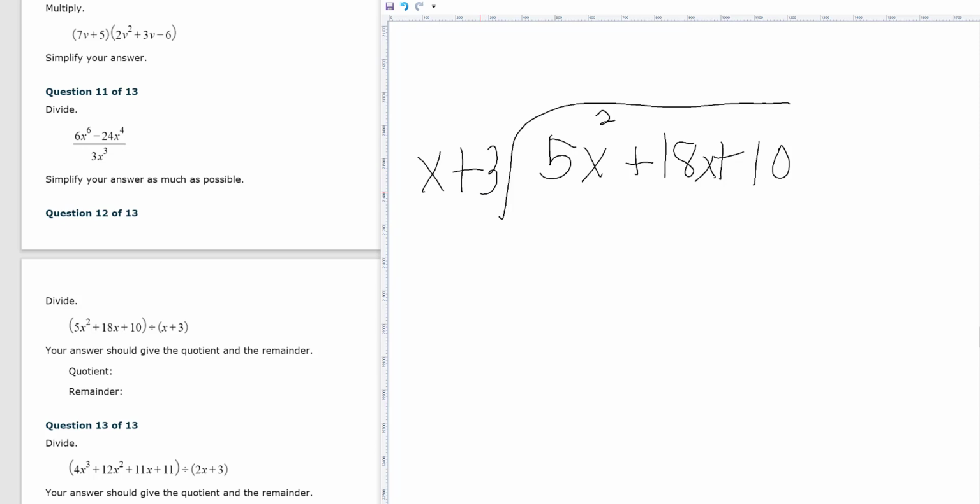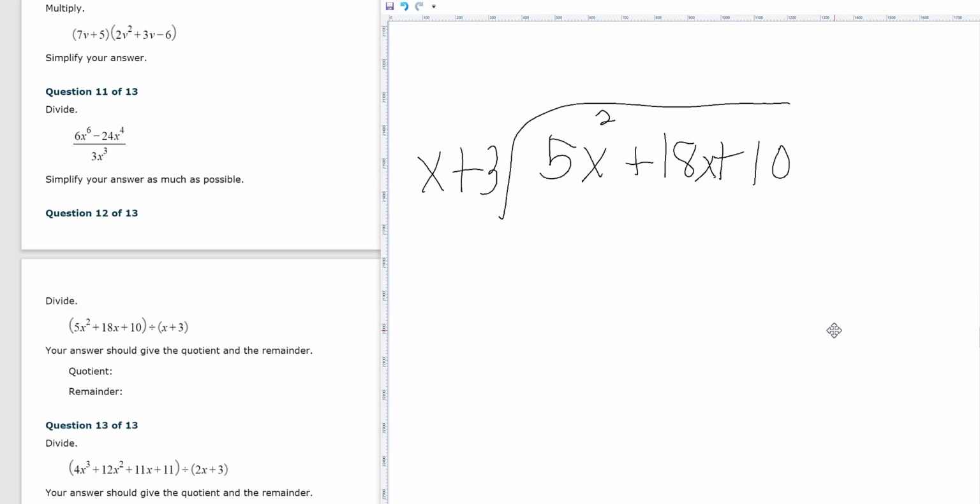If the divisor or the denominator has more than one term, like x is one term and 3 is another, then you can't use that method where we split it apart. What we're going to do here is, at first, just at first, ignore the plus 3. So it's like the plus 3 is not there. And we're going to divide x into the first term.